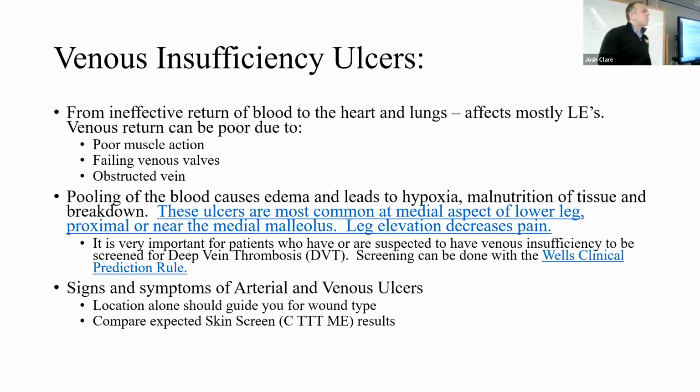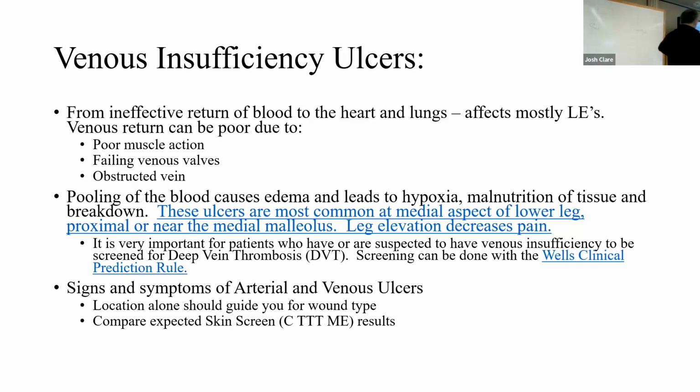Failing venous valves: there are valves within the veins, right? As the heart contracts, blood's supposed to be going up, and then a little valve flap shuts in the veins to keep it from falling back down between heartbeats, and it pops back up to the next valve. If that valve fails, then that blood can just slosh up and down, and it rarely makes it back in play.